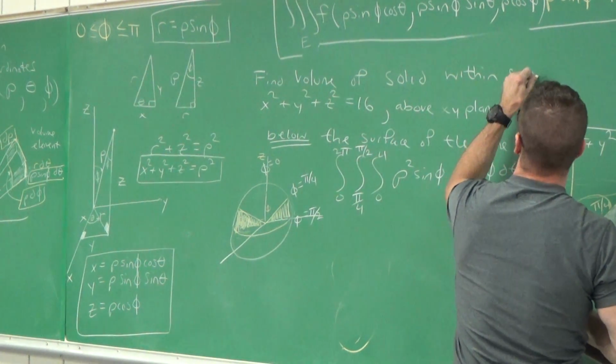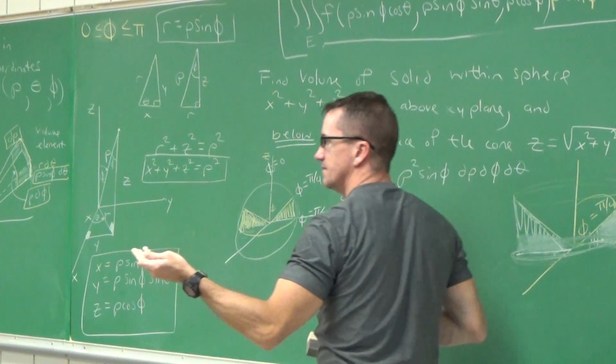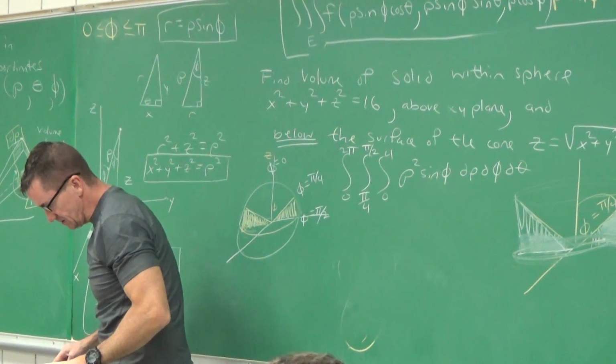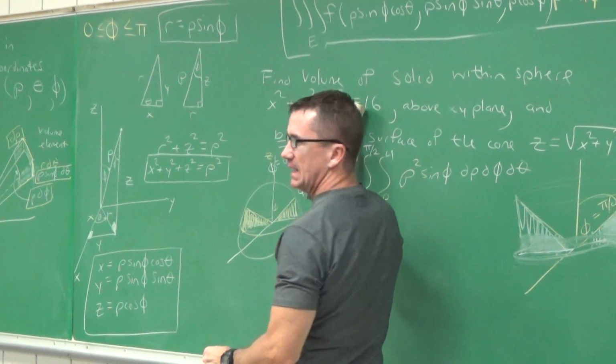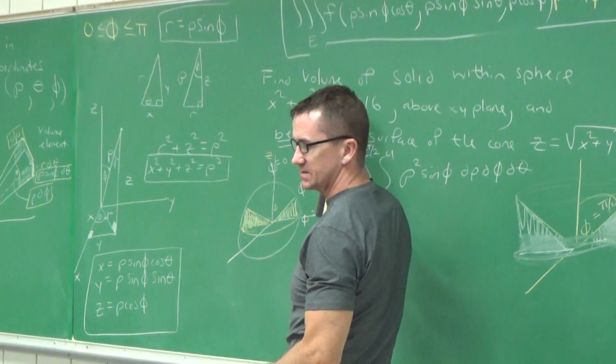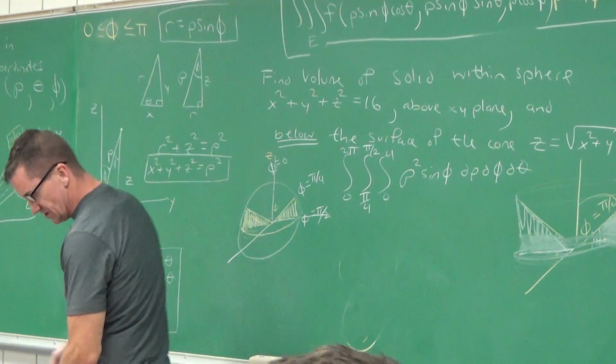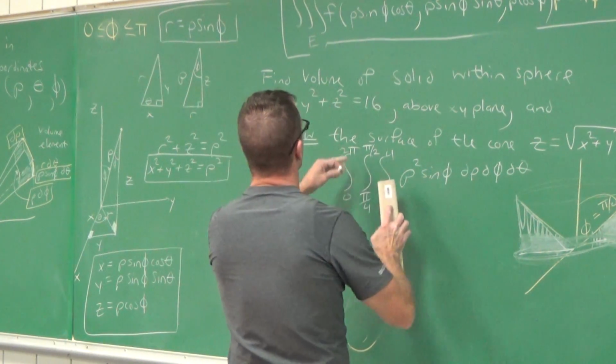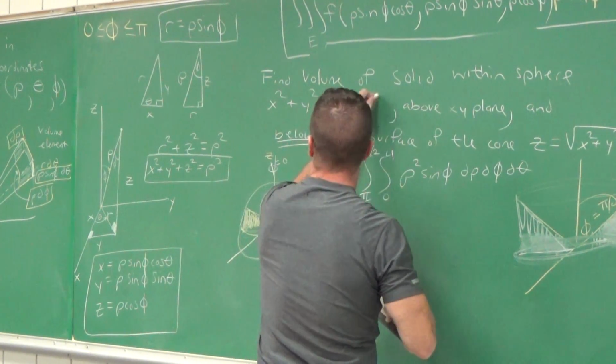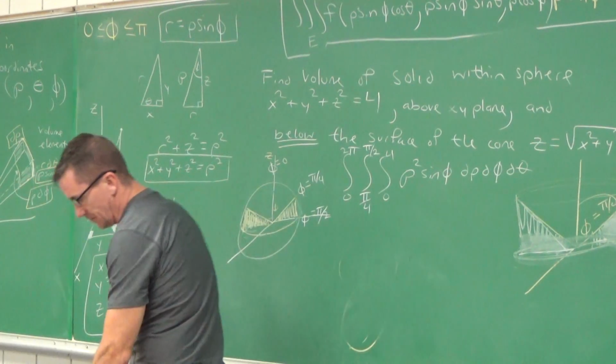That was the wording. Isn't within the same thing as inside? Good. Within the sphere, I'm going to use the same 16. Let's use a 4. Use the same one on that sheet.